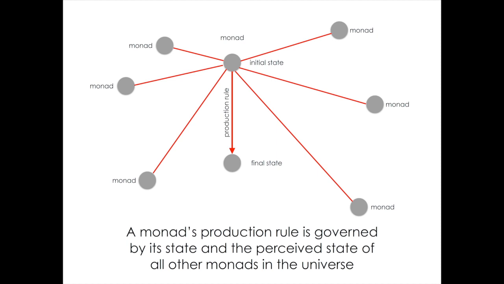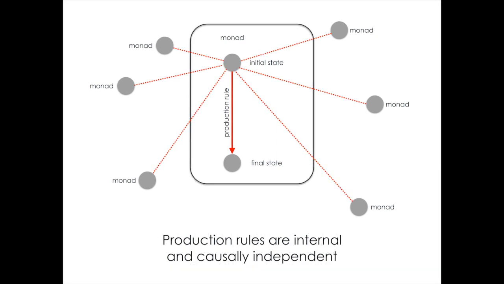So that leads to the question of, do they really have independent action if they're just following a rule in response to the other monad states? Apparently, the way he gets around that is by saying that these rules are an internal thing, and each one is following its own rule in its own way. It seems a little slippery to me, but no one said this was easy.